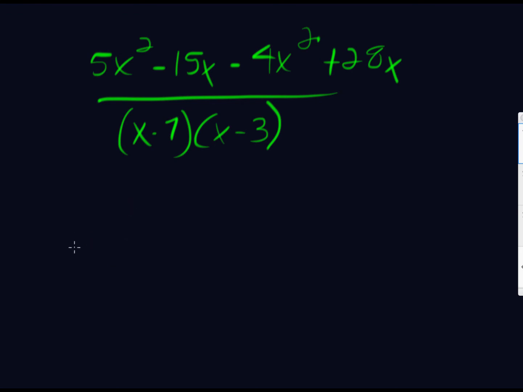So let's combine our like terms. 5x squared and a negative 4x squared gives us just a positive x squared. And then if we look at our 28 and our 15 and combine those, we would get 13x.